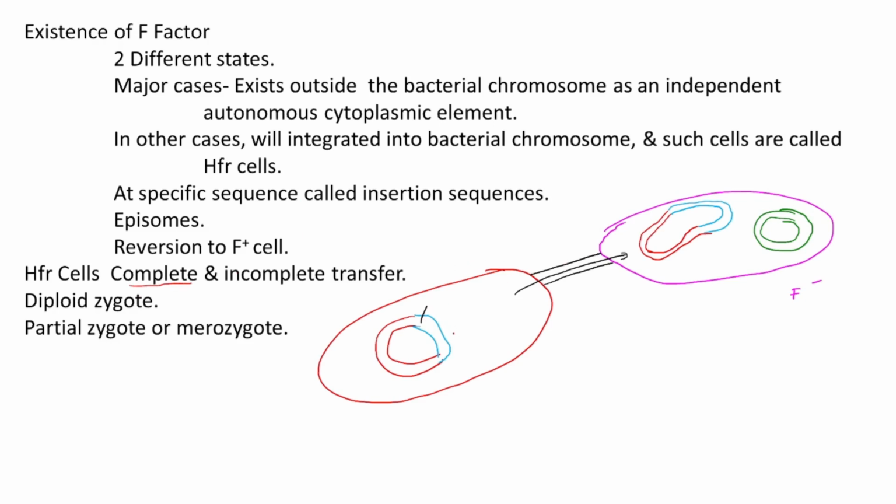And in some instances, as this incision happens and the one strand starts to migrate to the next bacterial cell, before it completes the migration, some breakage happens in between. That results in incomplete transfer of that HFR cell's chromatin content to this bacterial cell.